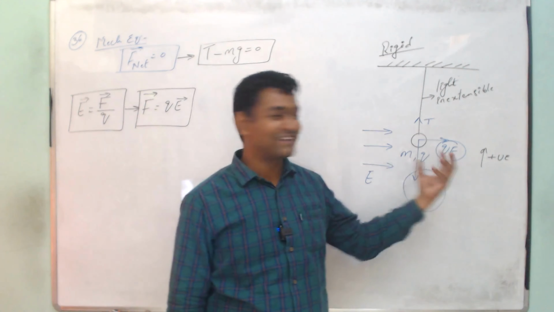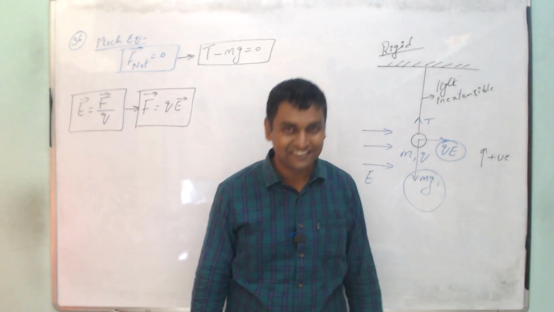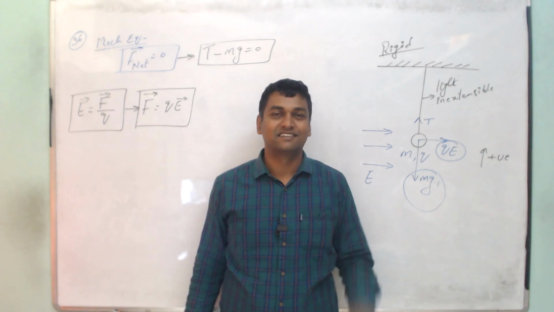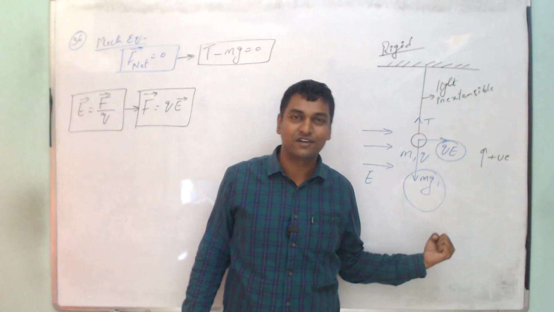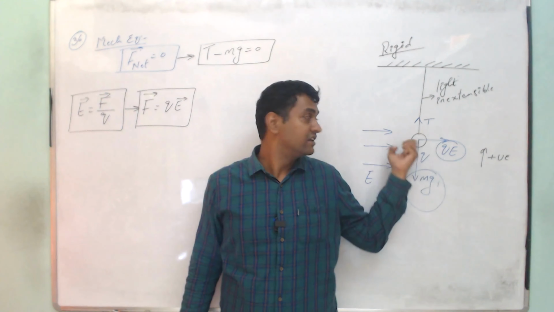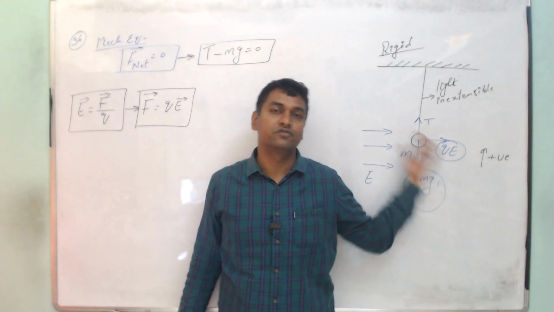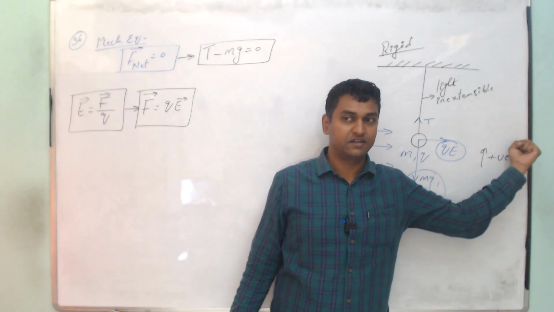It will take the ball somewhere over here. Right? Listen, there is a gravitational force in the downward direction. There is an electrostatic force in the horizontal direction. Due to that electrostatic force, the ball is going to shift a little bit in that direction, right?